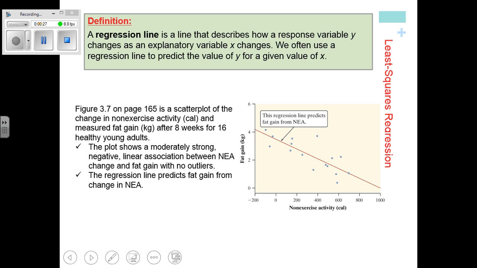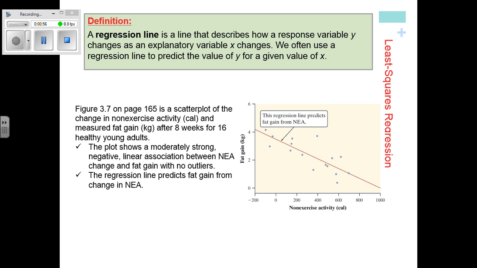A regression line is a line that describes how a response variable y changes as an explanatory variable, which is x, changes. Here this data came from non-exercise activity. They were trying to see if people who were particularly fidgety or wiggled a lot affected the amount of fat that they gained over an 8-week period.